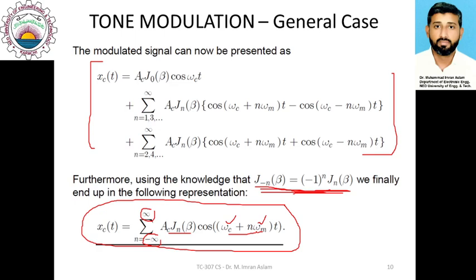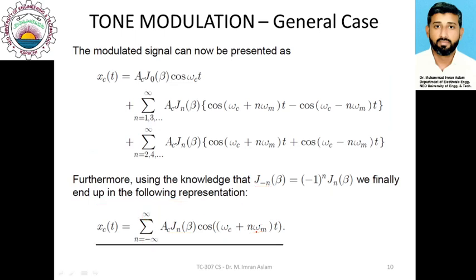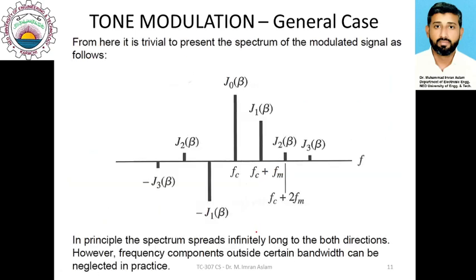So you can see that the spectrum of the tone modulated signal would appear as an infinite series of lines where the amplitudes are dependent on the magnitude of the Bessel function. This spectrum is represented here. You will have a basic Bessel function at the carrier frequency f_c.